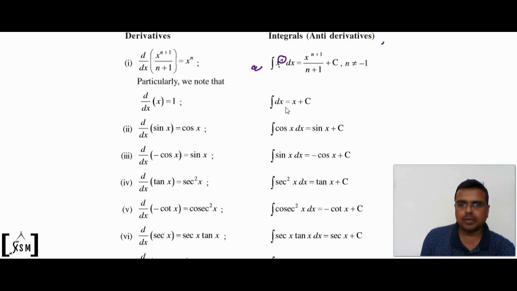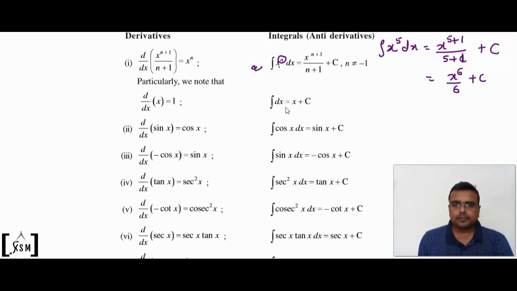For example, integration of x to the power 5 would be x to the power 5 plus 1 over 5 plus 1, and plus the integral constant, which means x to the power 6 over 6 plus c, right?